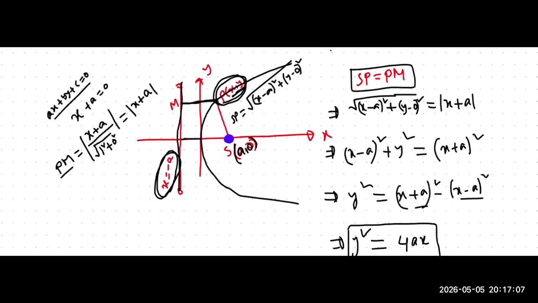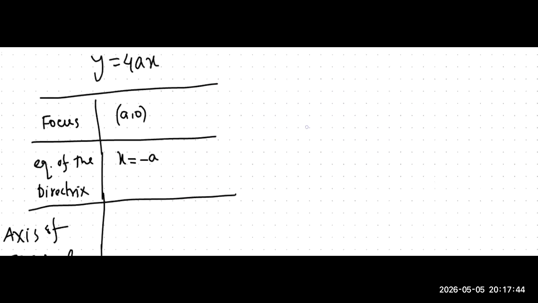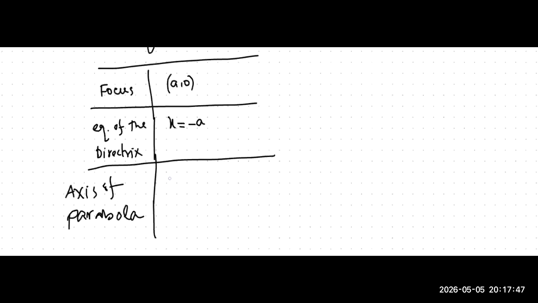If we draw a line perpendicular to our directrix and passing through the focus, then this line is basically called the axis of parabola. So the axis of parabola for this scenario is the x-axis, and we know the equation of the x-axis is y is equal to 0. So that's why for y square is equal to 4ax, the axis of parabola is the x-axis, which is y is equal to 0.